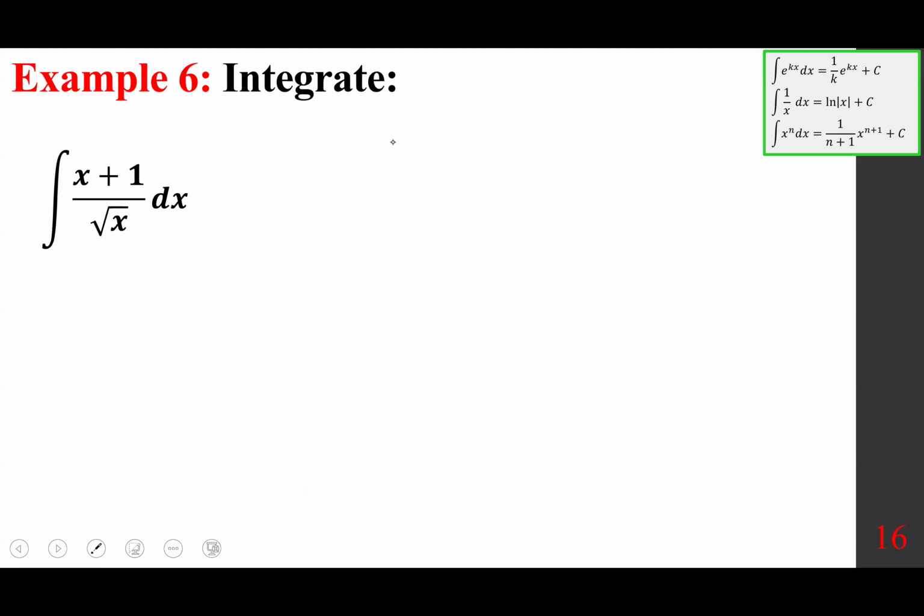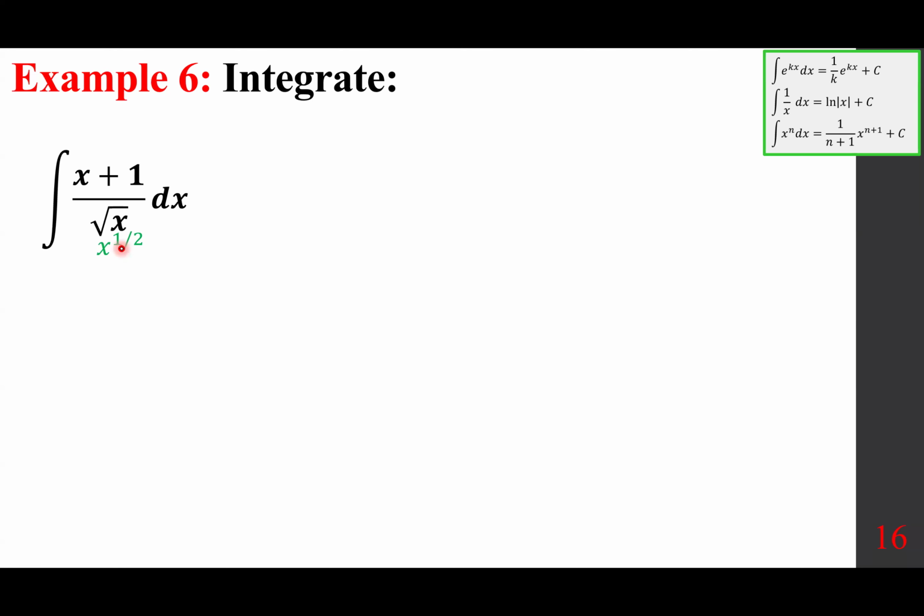Integrate x plus 1 over square root of x dx. We are going to use several algebraic steps and simply one calculus step. So here's what's going to happen. We're going to change the square root of x first to x to the power 1/2.